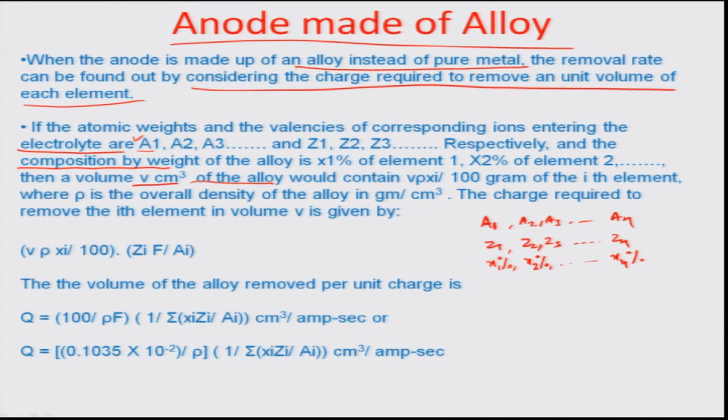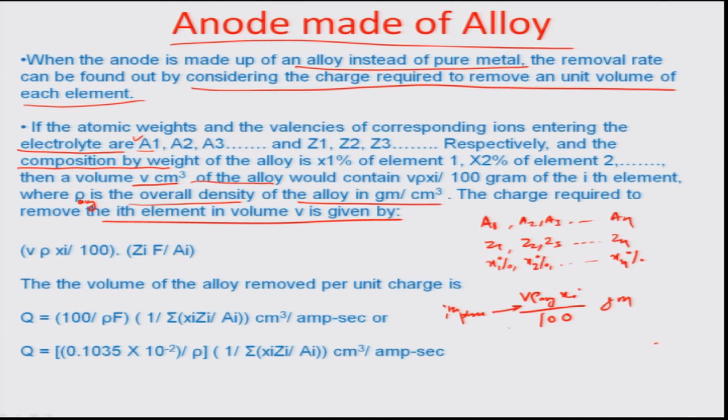The total mass of the alloy would be the average density, rho average, of the alloyed system, in gram per centimeter cube, times V. And xi percent of this mass, in other words xi by 100, would be the grams of the ith phase present in the alloy.